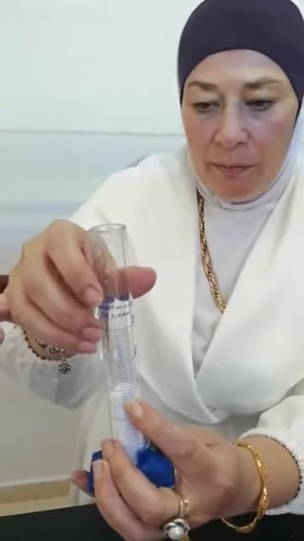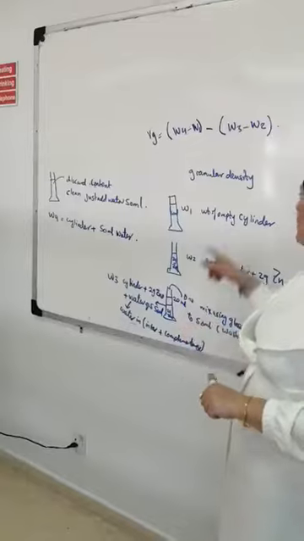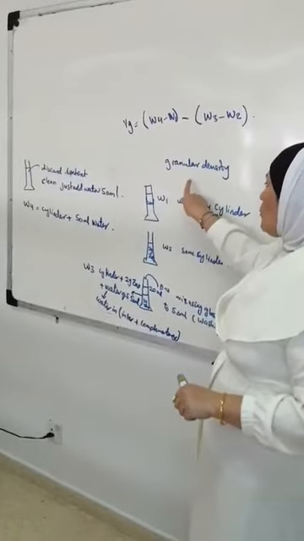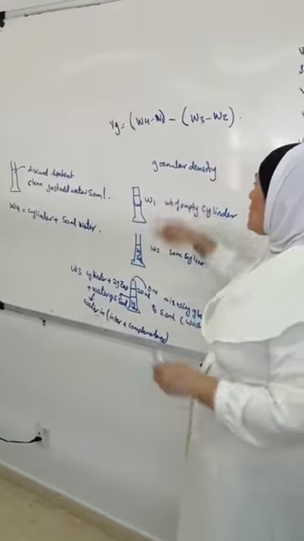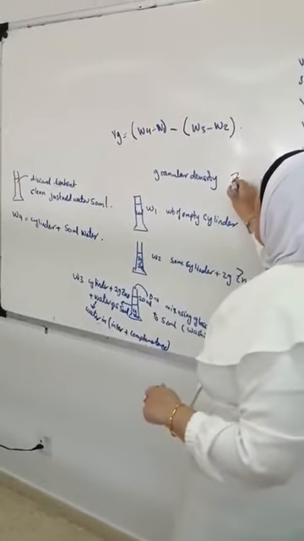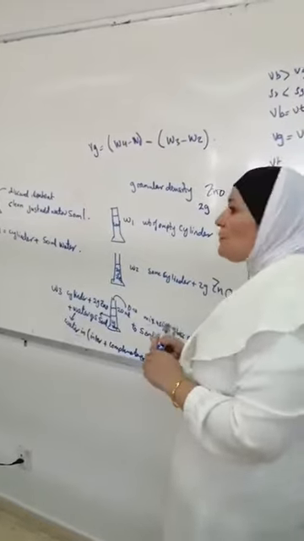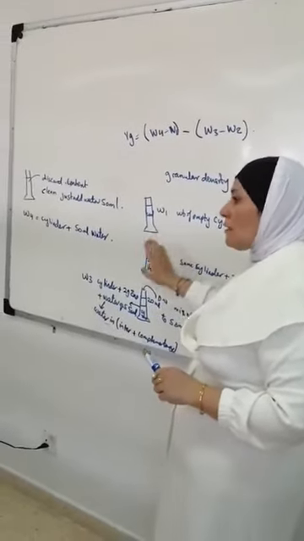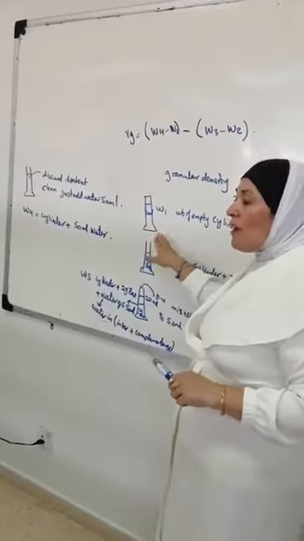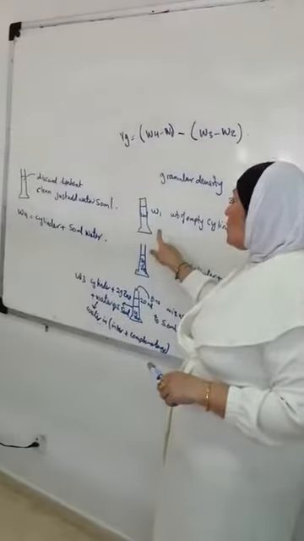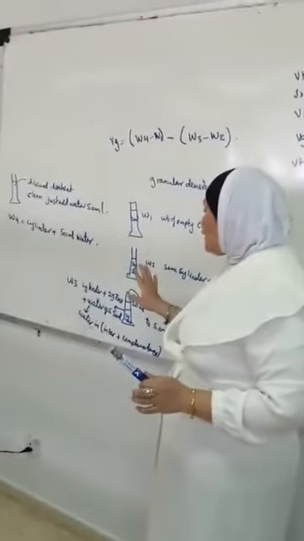The second part, we will measure the granular density of zinc oxide using just 2 grams and a 50 ml volumetric cylinder. We will use a dry empty cylinder by the weighing technique.